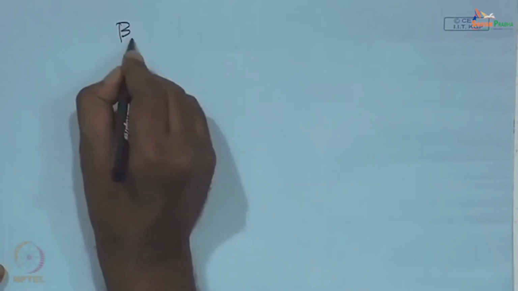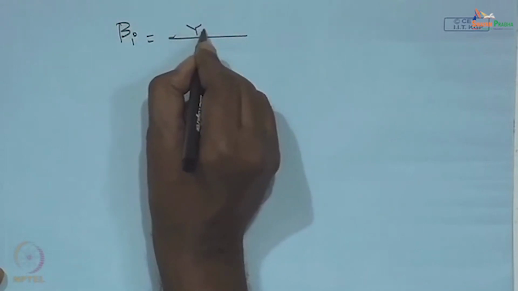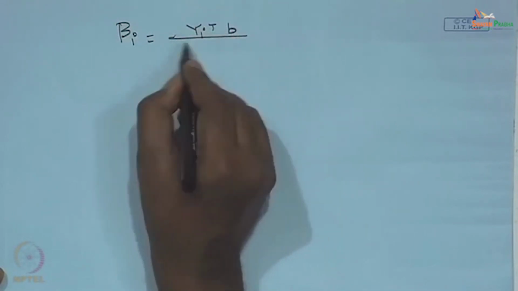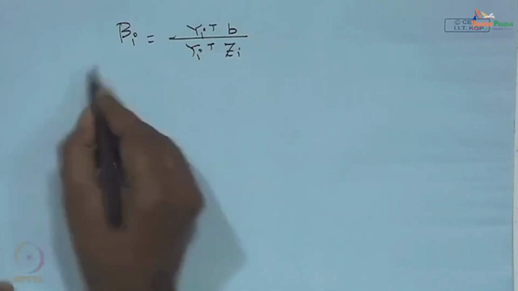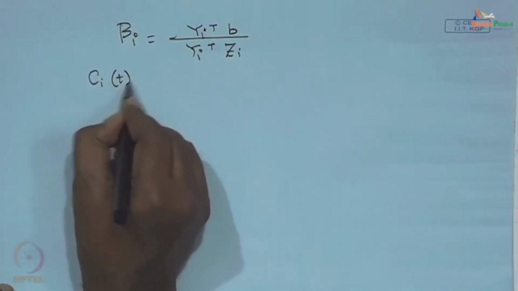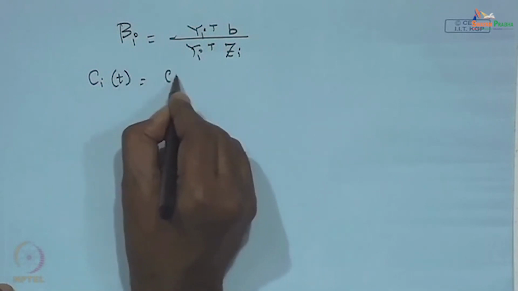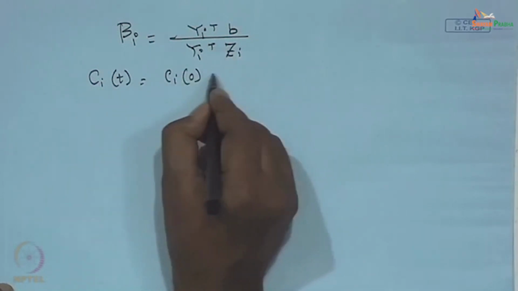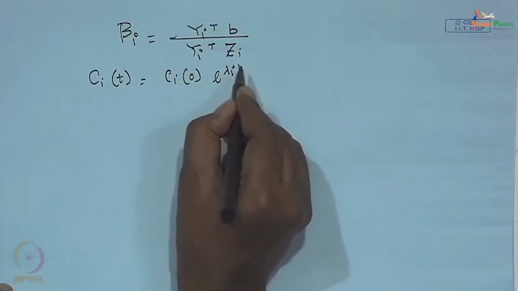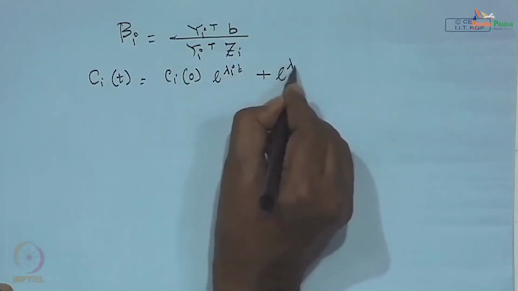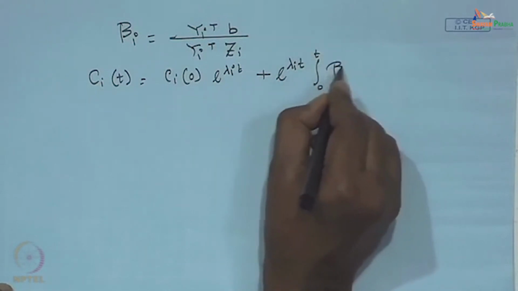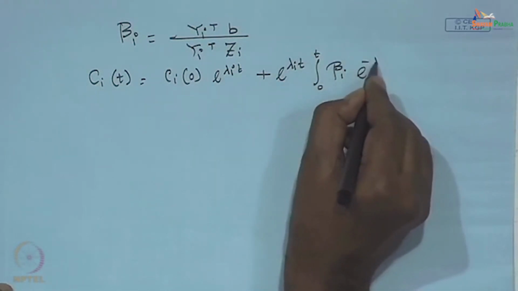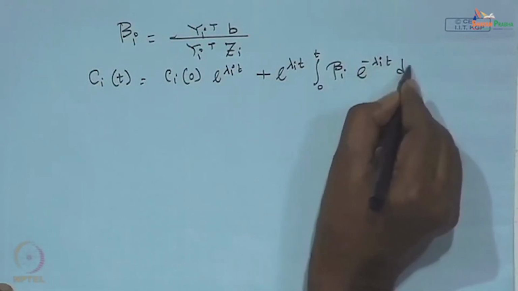If you write down the expression of beta_i, this becomes y_i transpose times b divided by y_i transpose times z_i, and the expression of c_i as a function of t, if you remember, becomes c_i(0) e to the power lambda_i t plus e to the power lambda_i t times the integral from 0 to t of beta_i e to the power minus lambda_i t dt.